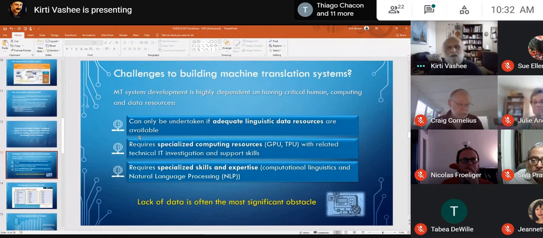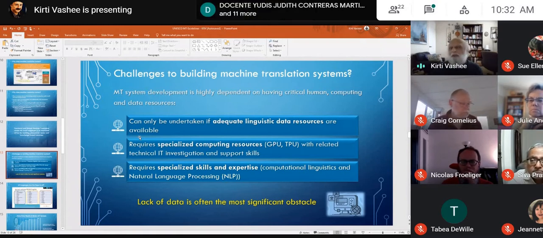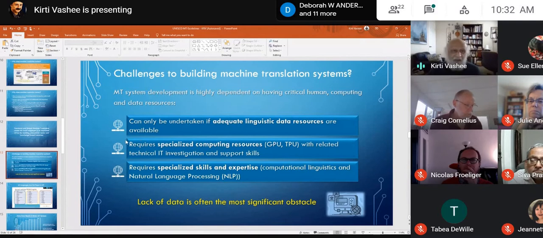So while that expertise is difficult to build in a country that is starved of other resources anyway, you can acquire consulting assistance to do that part, but getting the data is the most significant challenge.